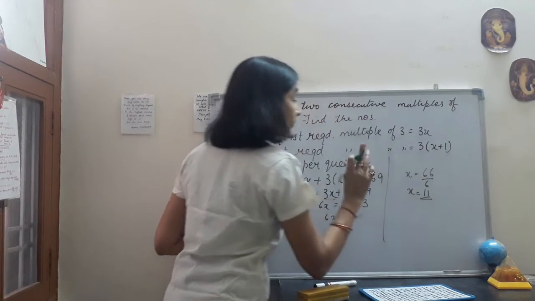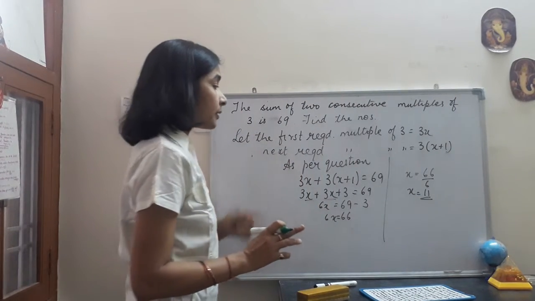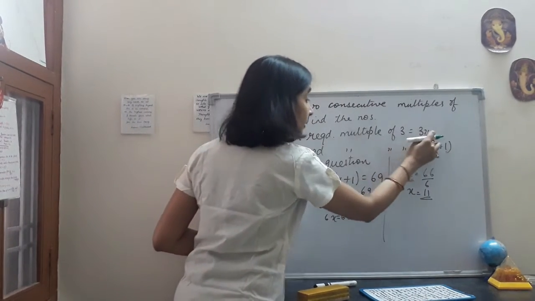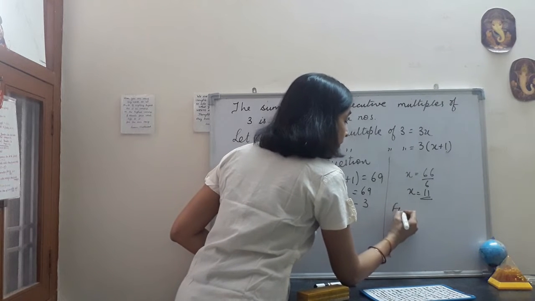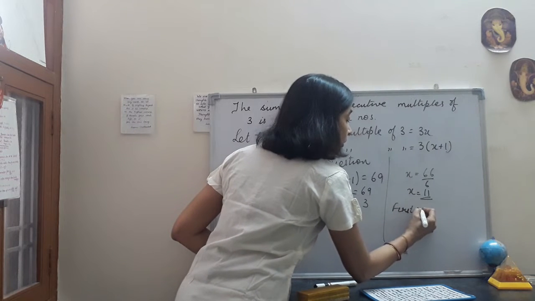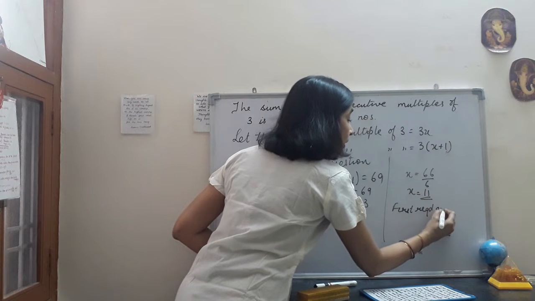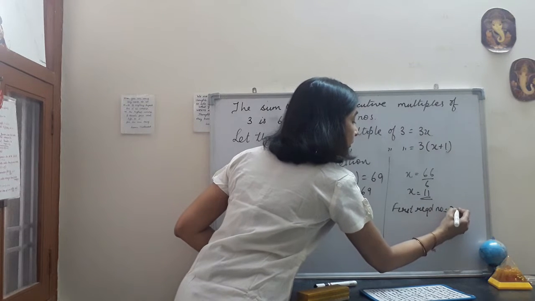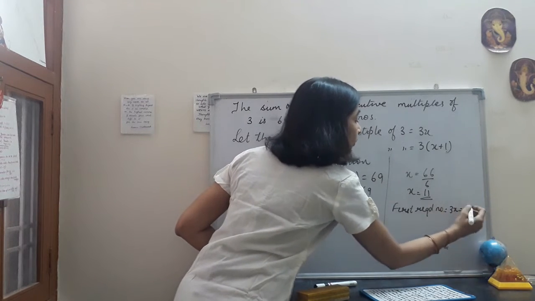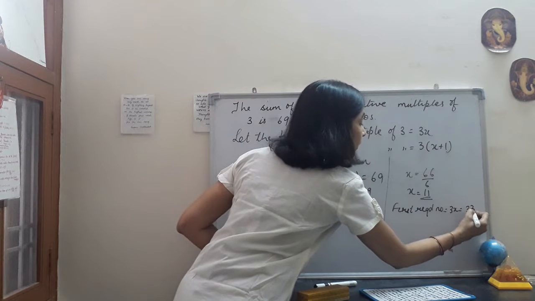Now x is 11. We have not yet got the multiples of 3. Here x is 11. The first required multiple of 3 is 3x, so the first required number is equal to 3 into 11, and that is 33.